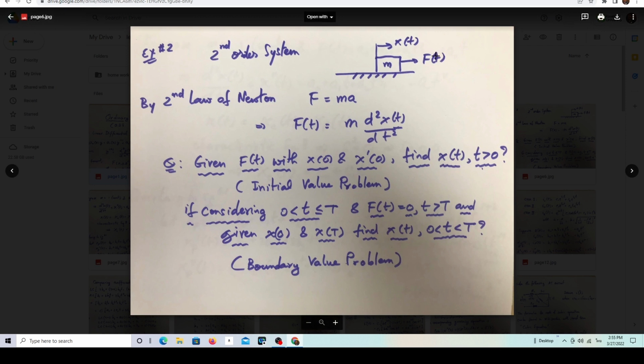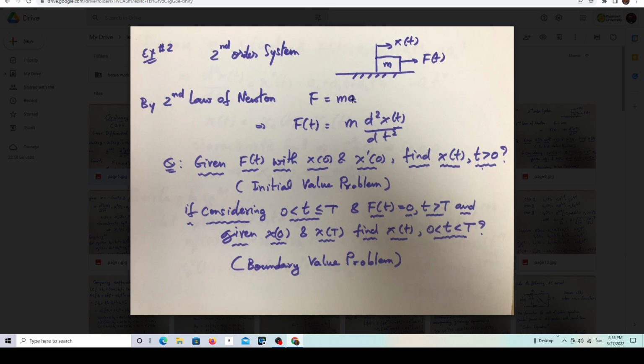The relation between the force and the displacement function x(t) follows the second law of Newton, that F is equal to m times acceleration. The definition of acceleration is the second derivative of displacement with respect to t.